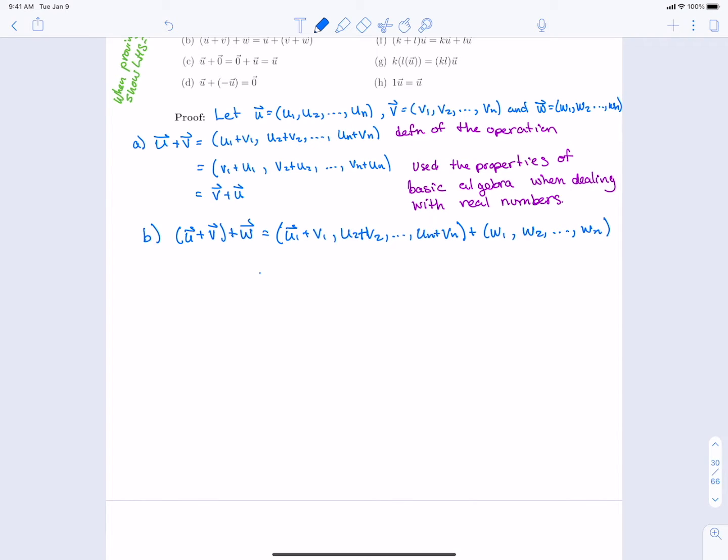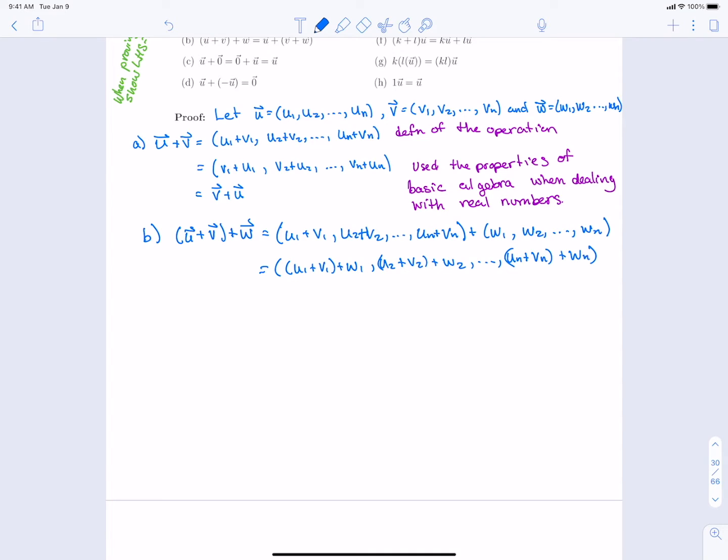Well, using, like we said, properties of real numbers and basic algebra, this becomes u1 plus v1 plus w1, u2 plus v2 plus w2, all the way to un plus vn plus wn.